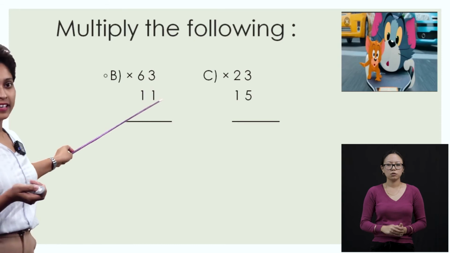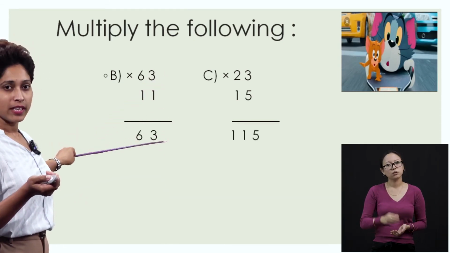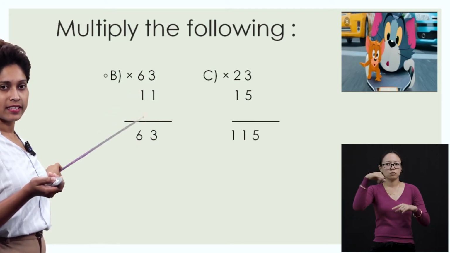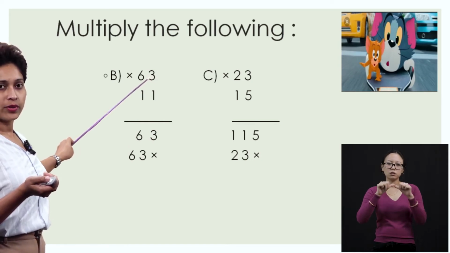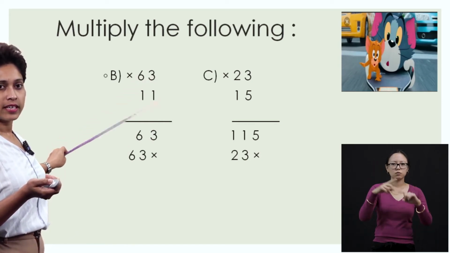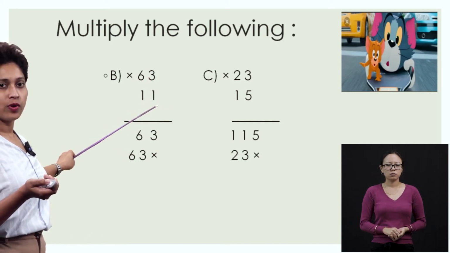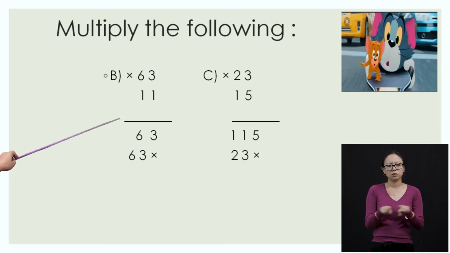So 1 into 3, how much will you get? It will be 3, right? 1 into 6, you get 6. Again, 1 into 3, you get 3. Again, 1 into 6, you get 6, right? Whatever you multiply with 1, you get the same number as it is.